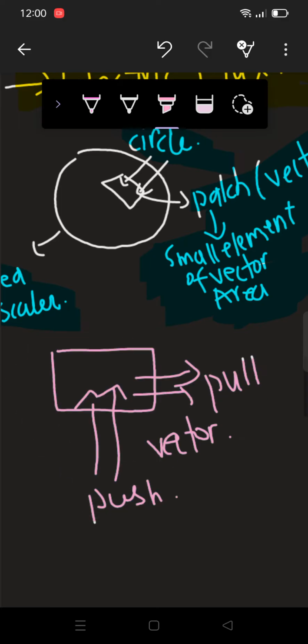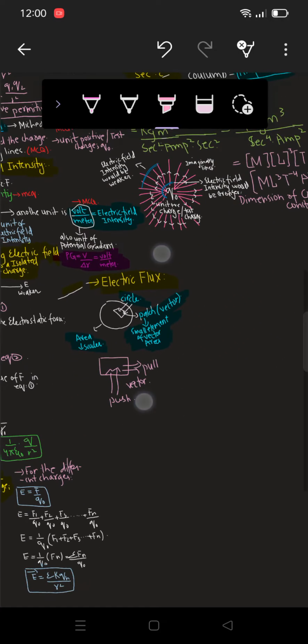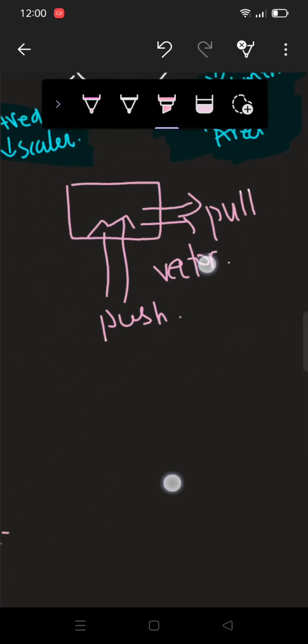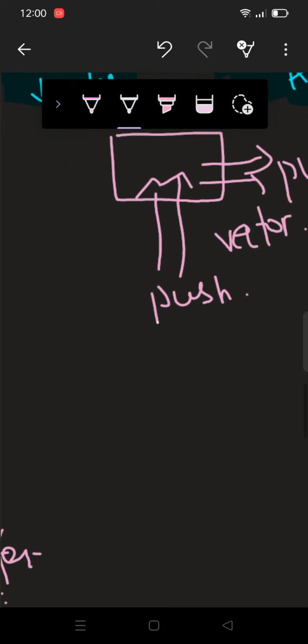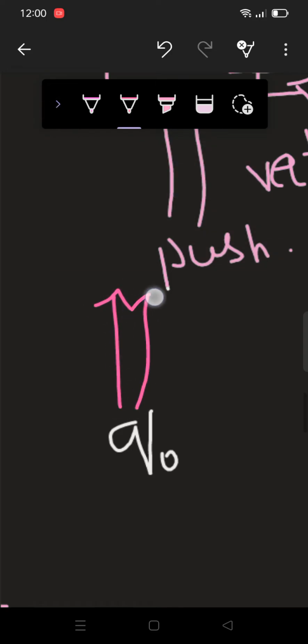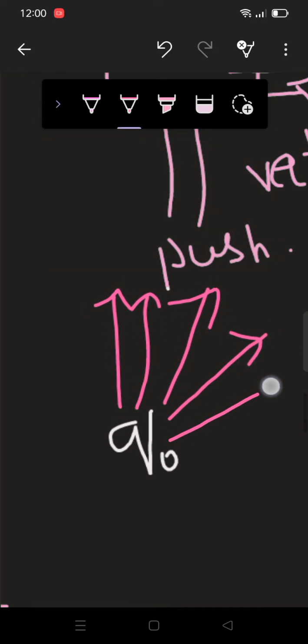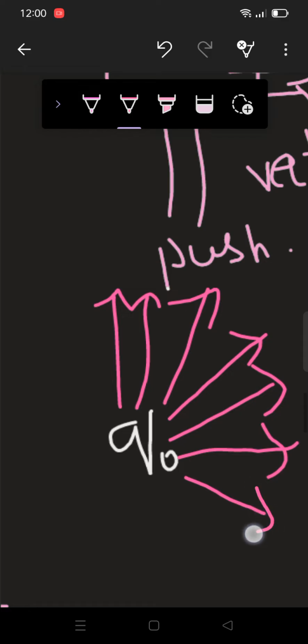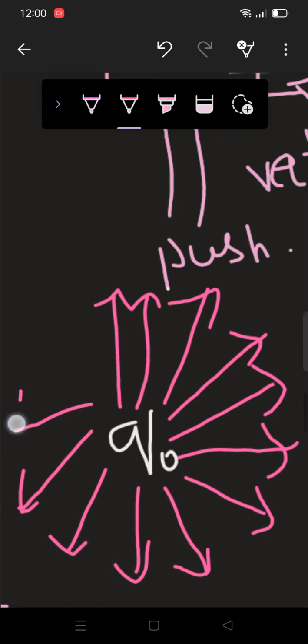So now see what electric flux is. If I am taking this small element of vector area, suppose this is Q naught, which is generating an electric field. We know that an electric field is a region around the charge due to which it attracts or repels any other charge.